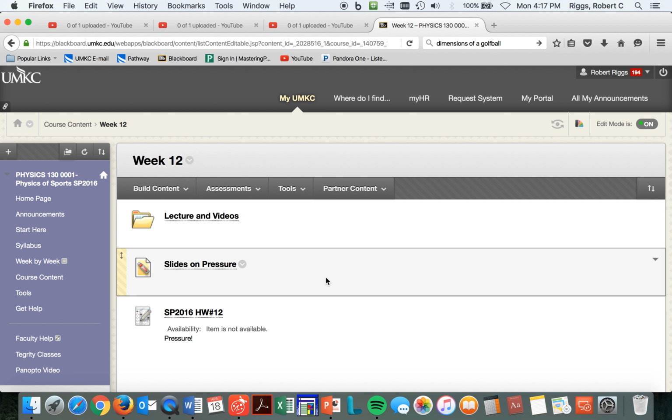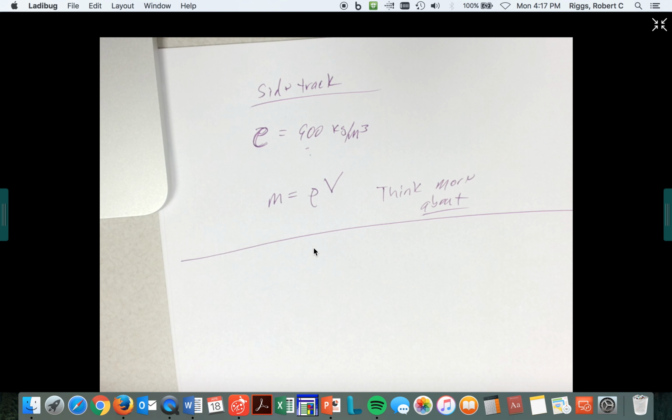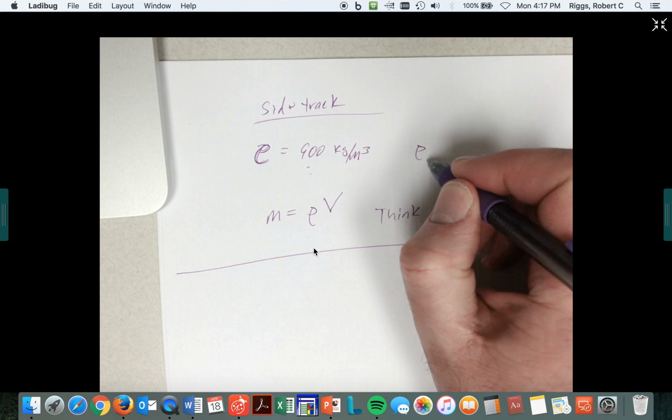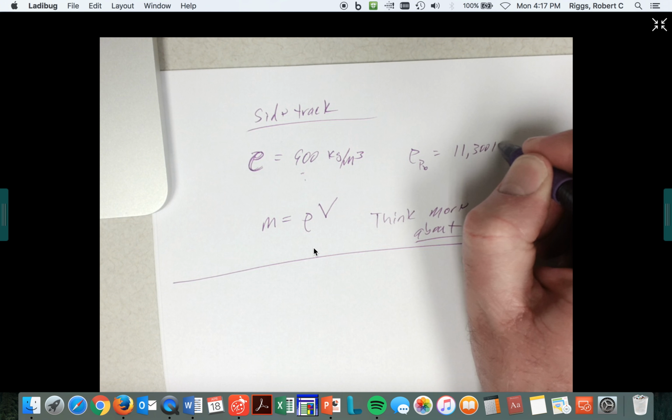It is such a cool question. So I was sitting there mulling that over, people, and I didn't show you what I was doing. But I'm going to write down the density of lead, which we know is equal to 11,300 kilograms per meter cubed. So look at that.